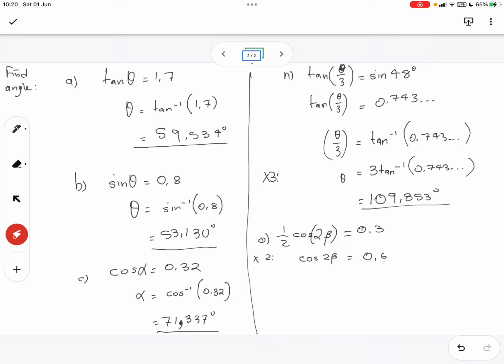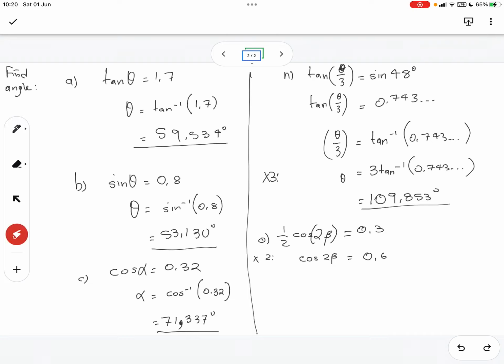Correct. So from the multiplicative inverse step, we get cos of 2 times beta equals 0.6. You've left out the half. I left out the half. You haven't calculated the half.